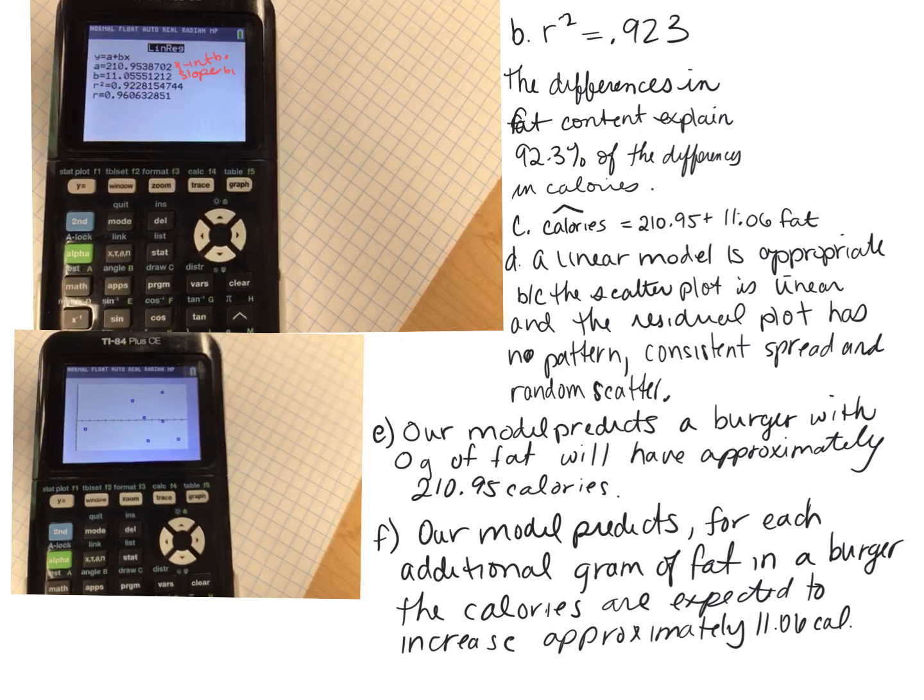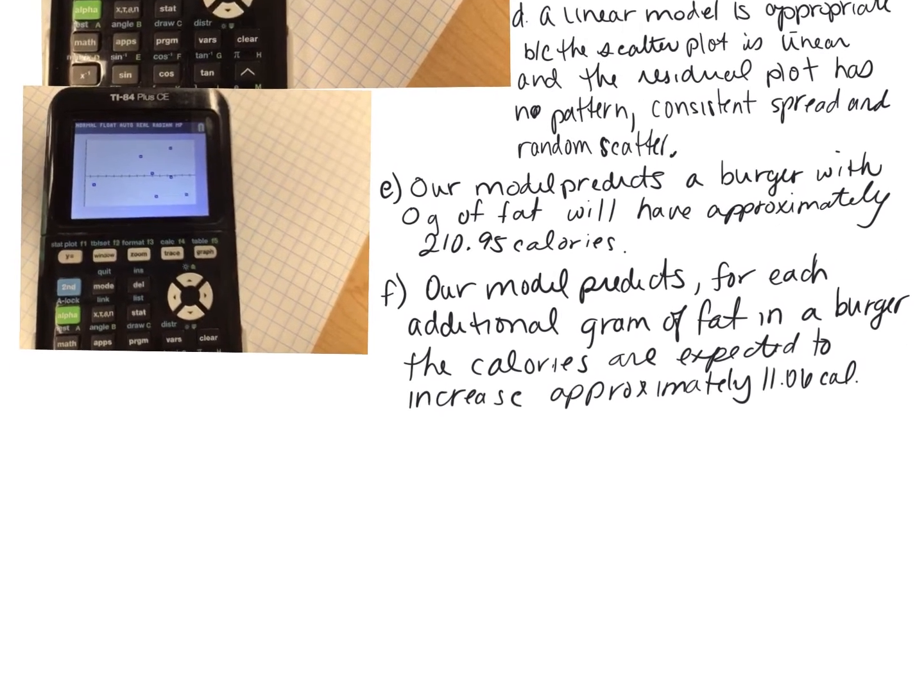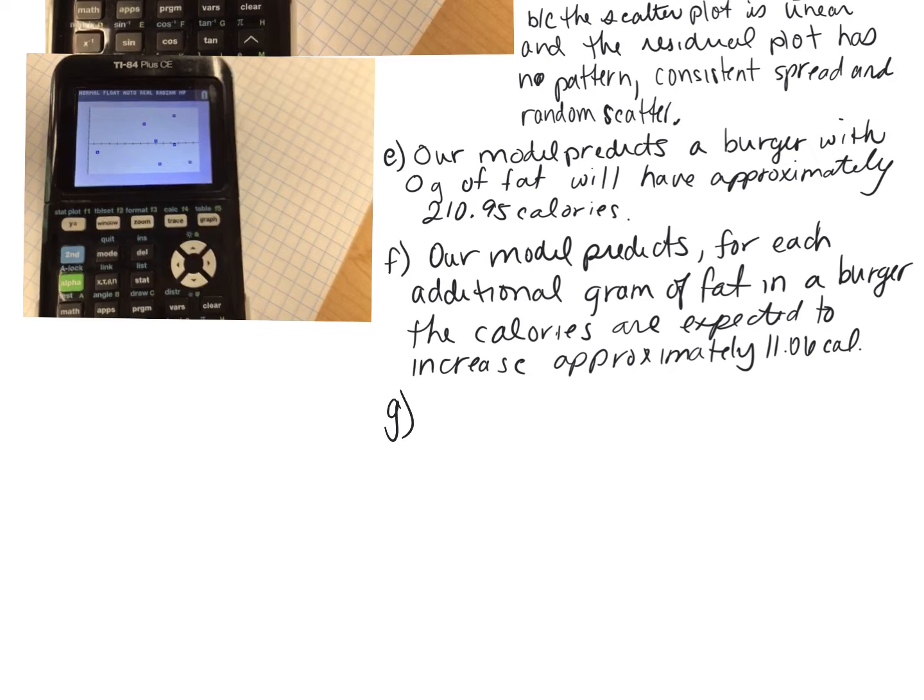G, a new burger containing 28 grams of fat is introduced. According to the model, the residual for the calories is positive 33. How many calories does the burger have? So 28 grams of fat, and the residual is positive 33. So how am I going to find that?